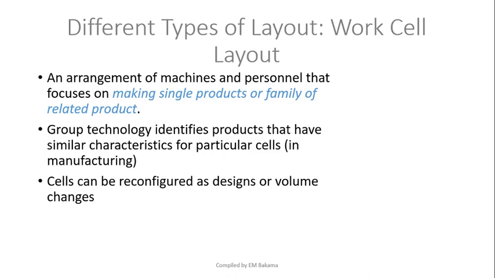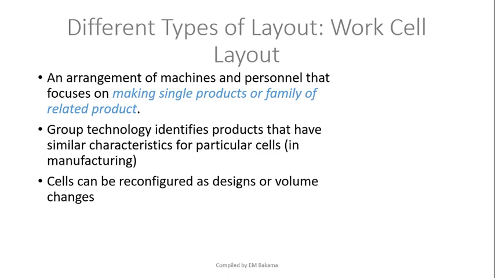For example, with Samsung smartphones, we have the A series. You can find A1, A2, A3 and so on. Those A's are family related products, a series of products that come together.